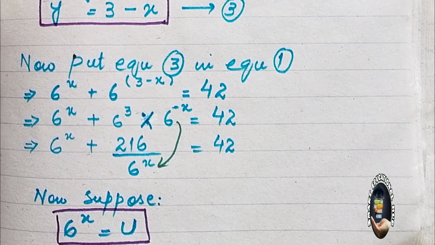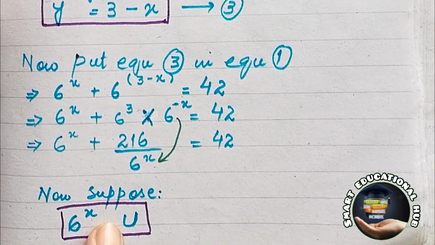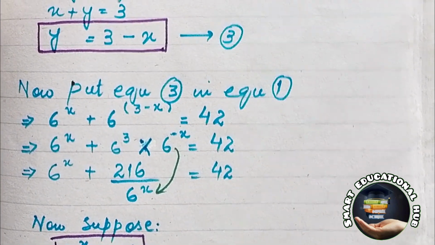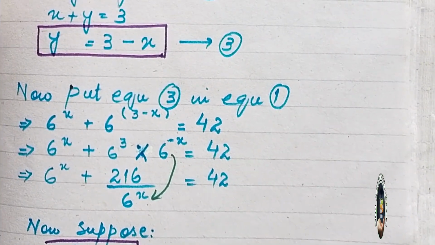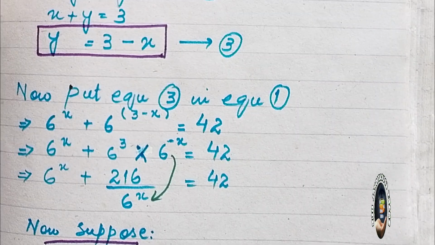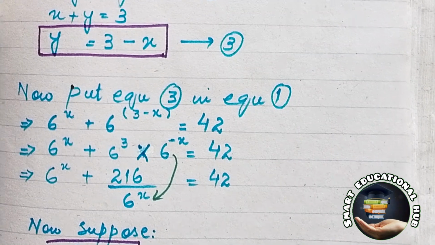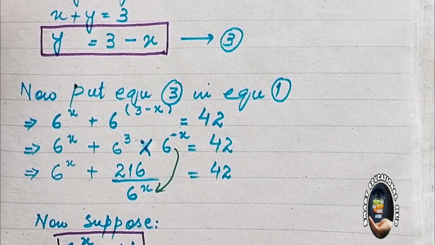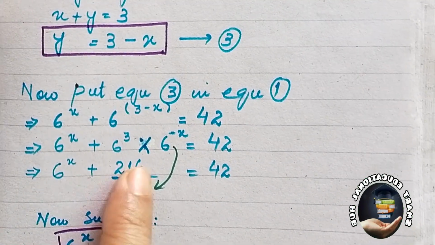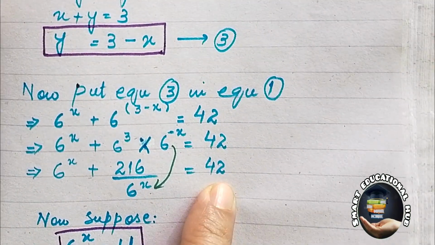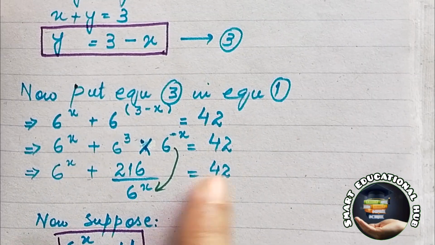You can see in this video, we suppose 6 to the power x equals to u, and in the above equation 6 to the power x will be replaced with u. Okay? So now put the value of 6 to the power x equals to u in the above equation.